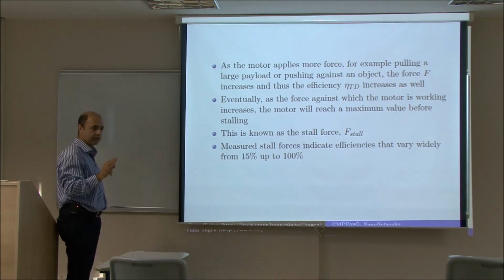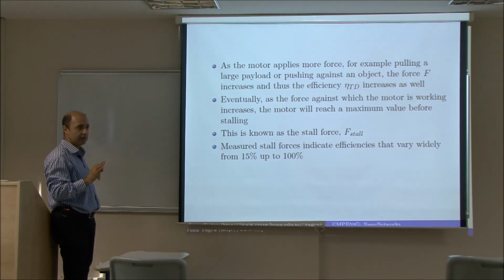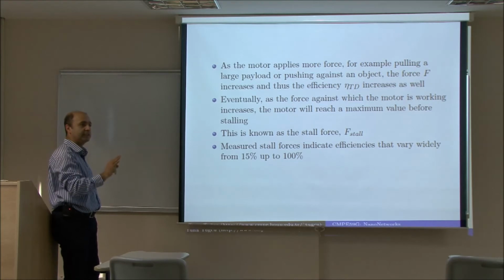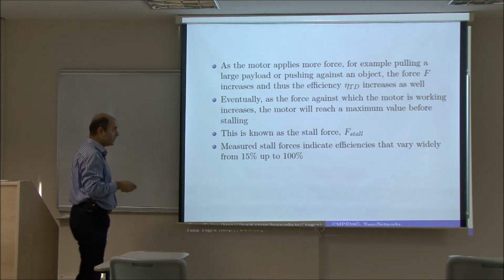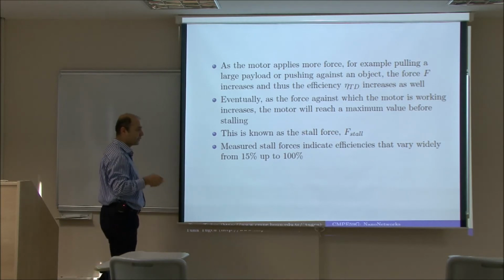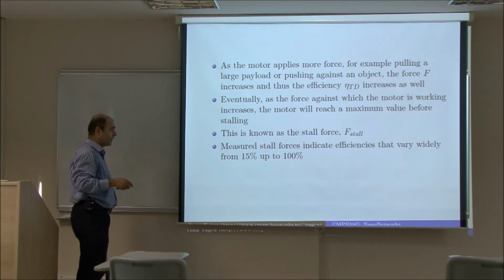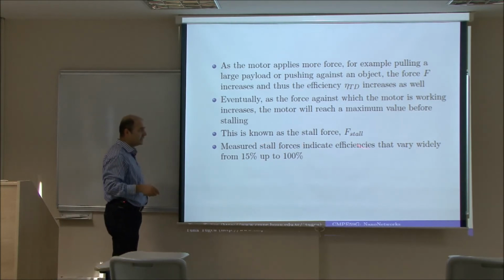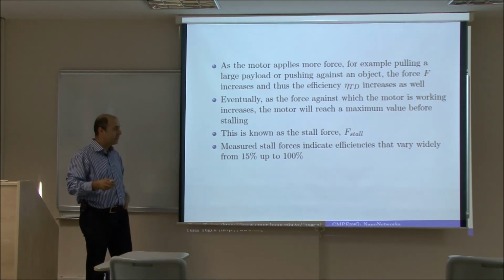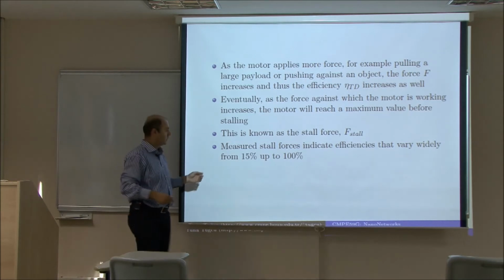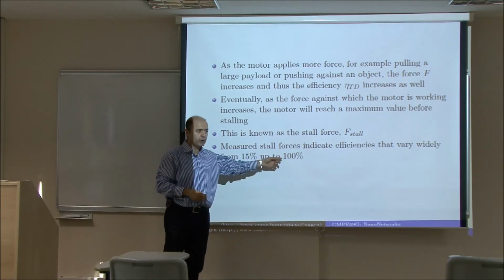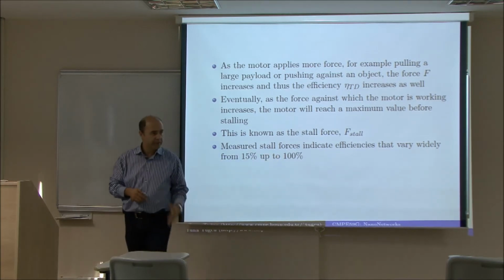It will come to a stalling position. It will reach a maximum, and beyond that it cannot pull or push anymore. Which is called the stall force, or F stall. The measured F stall values indicate efficiencies ranging in a very wide range from 15% up to 100%. So it could be anything in between, which is a very wide range.